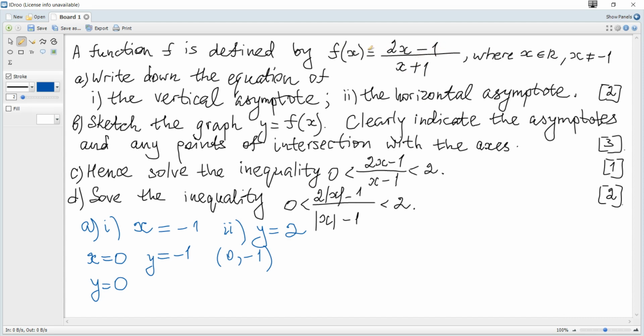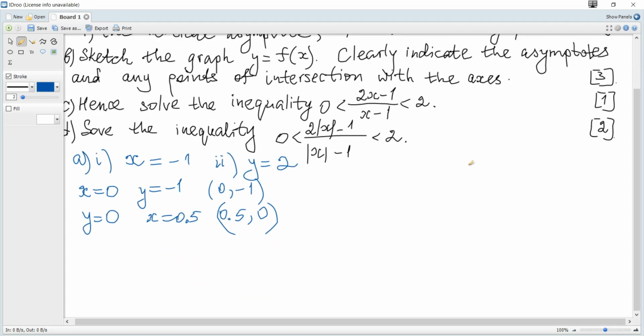It may be only when numerator is equal to 0, and 2x minus 1 is 0, x is 0.5. So 0.5, 0, it's x-intercept or root.